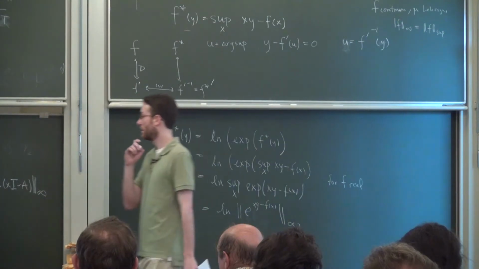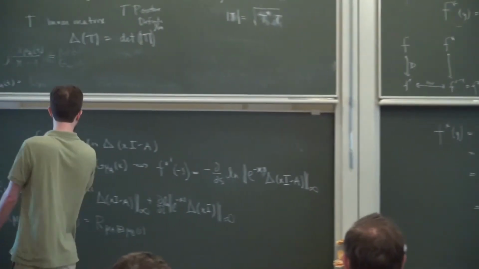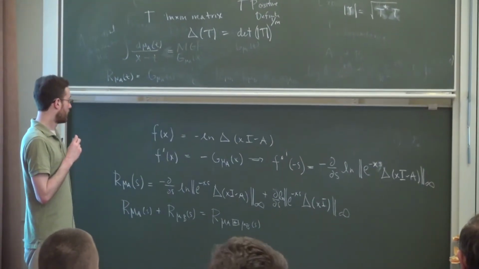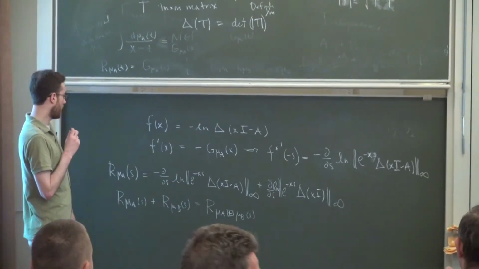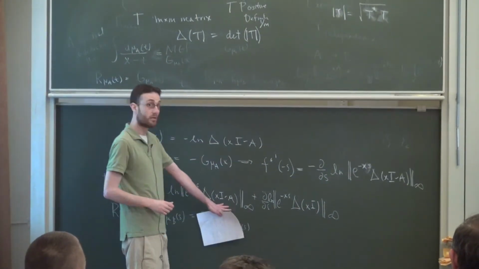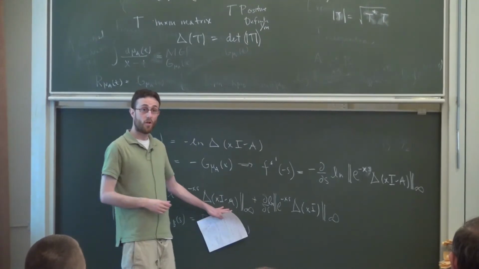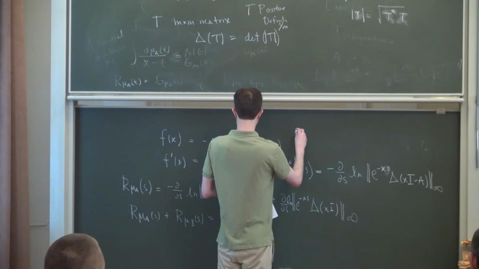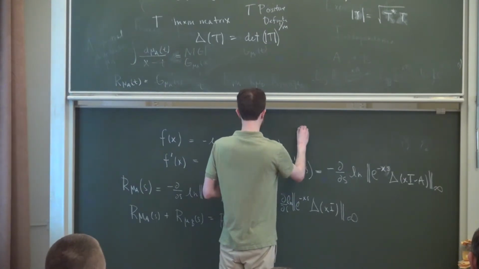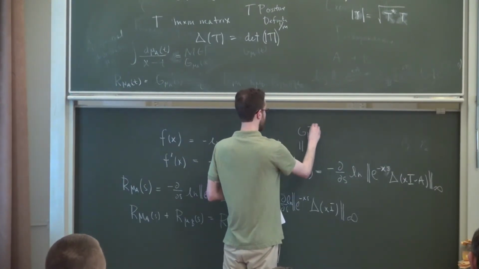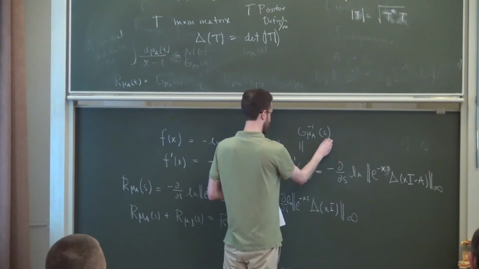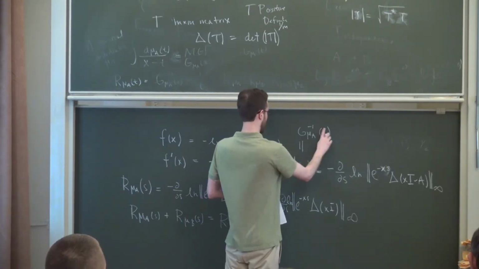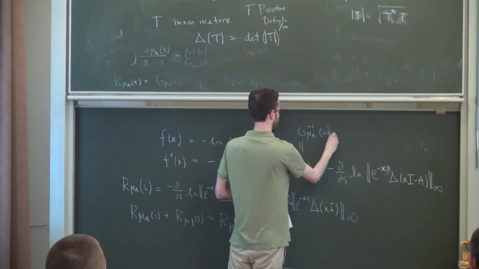So how do you obtain the sum of two? Here? You mean? Remember, this is G mu A inverse of minus s.